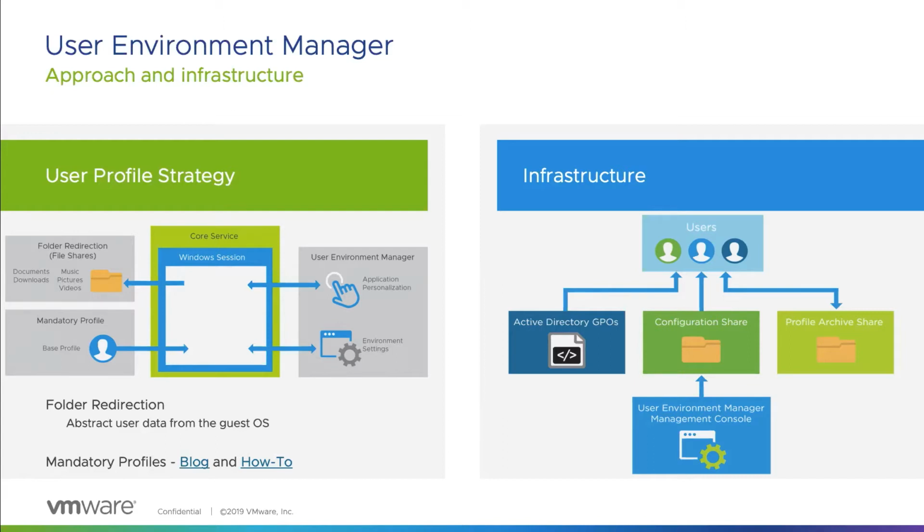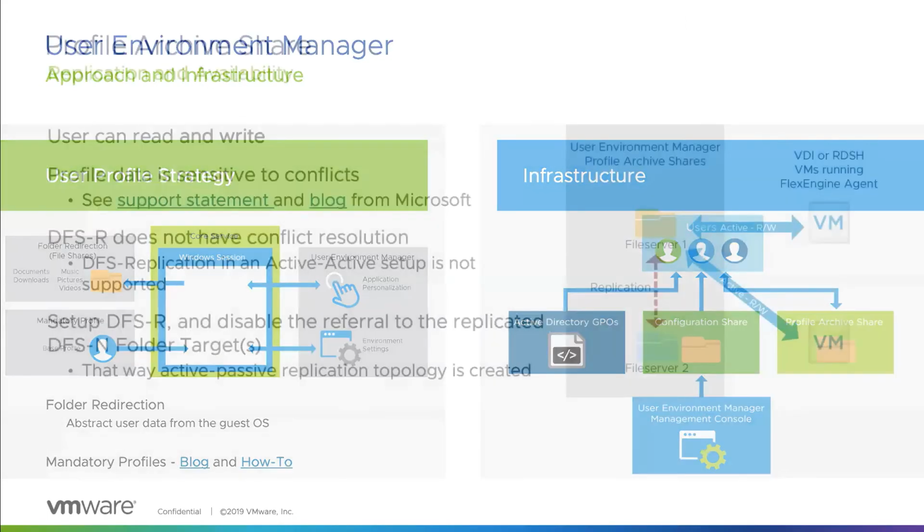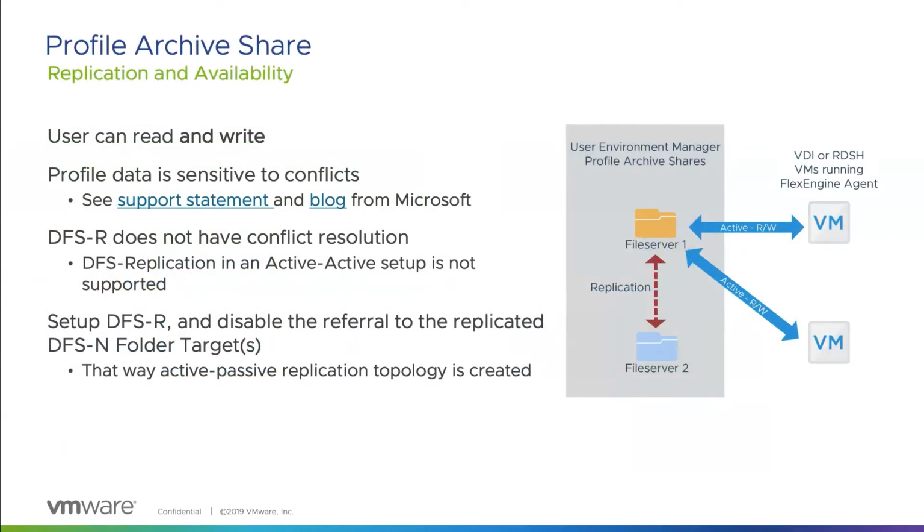So you connect to this file and change configurations. UEM is actually a policy, which you need an AD GPO to link. After which all the configurations are loaded in real time, and that's stored in the profile archive share. So these are the 4 components.